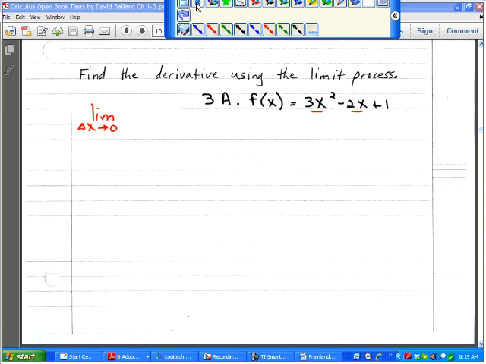So we're going to have 3 times, replace the x with x plus delta x, minus 2 times, replace the x with x plus delta x, plus 1, and then minus f of x, replace the x with x, and you have what you started with, over delta x.